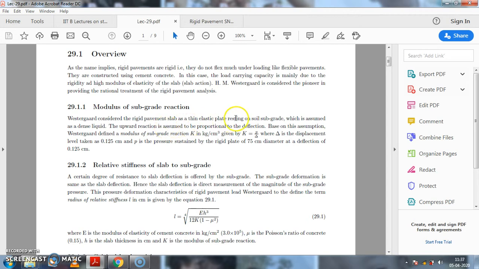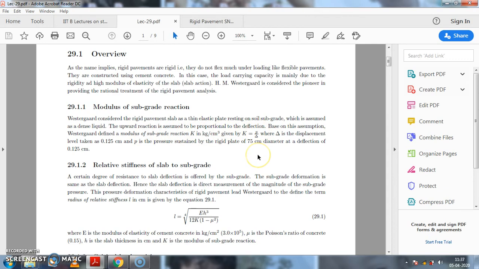Now Westergaard assumed that the modulus of subgrade reaction is the displacement. Here it is already written, just have a read. The subgrade reaction is assumed to be proportional to the deflection.